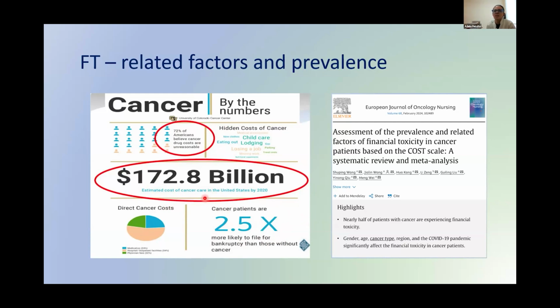And if we assess the prevalence and the related factors of this financial toxicity in cancer patients, based on the cost scale, because we have measurement scales, it's seen that nearly half of patients with cancer are experiencing financial toxicity, and half of patients, it's not a good sign. And also, the financial toxicity was affected by gender, age, the type of cancer, the region where the patient lives, and also during the COVID-19 pandemic.